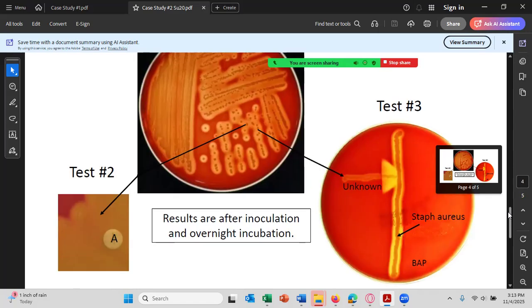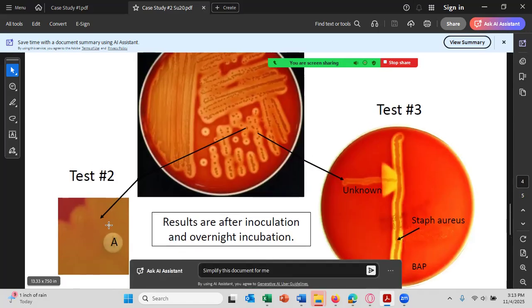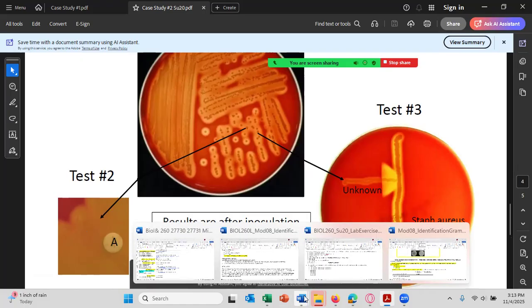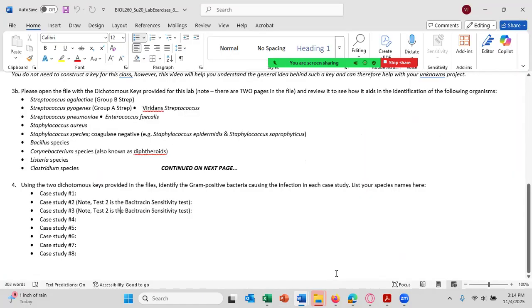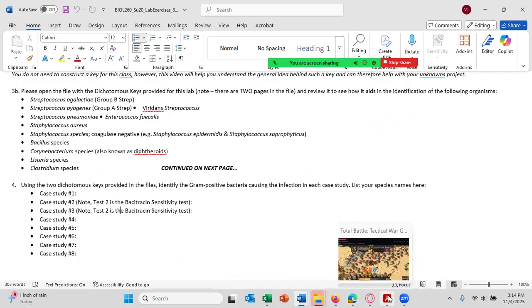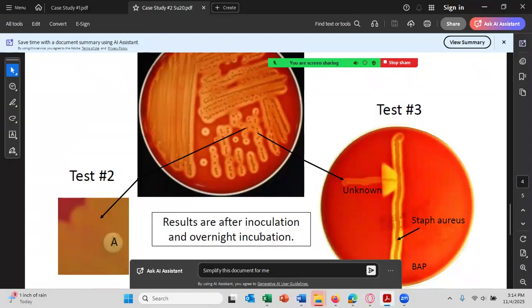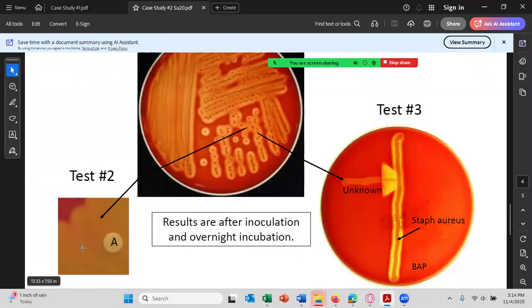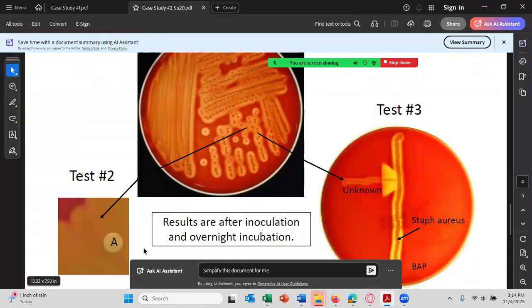We then do test 2, which isn't named in the lab module, so I've named it in case study 2 on the worksheet. Test 2 is the bacitracin sensitivity test, which was talked about in this lab or an earlier lab. And there's the results of the bacitracin sensitivity test.